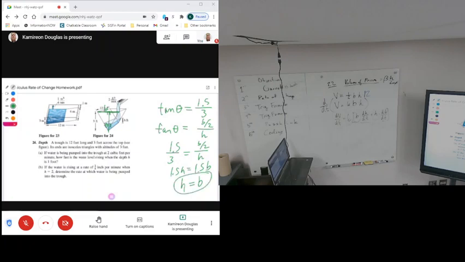So I just put in H for B. Everywhere there's a B, I put an H. This means my volume formula would become 6H squared.